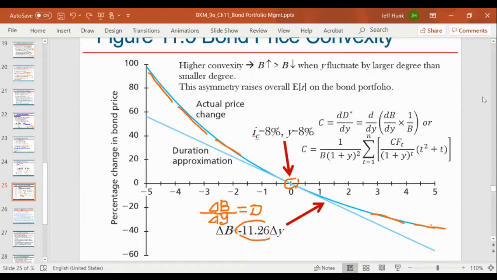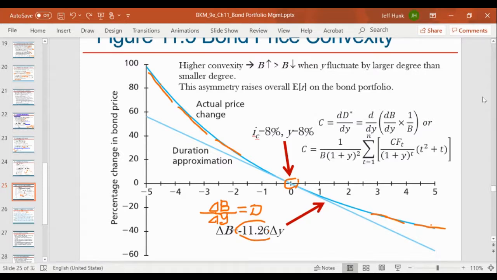This is the variance of interest rate. Interest rate changes 5% positive and negative, once positive, once negative, let's say.